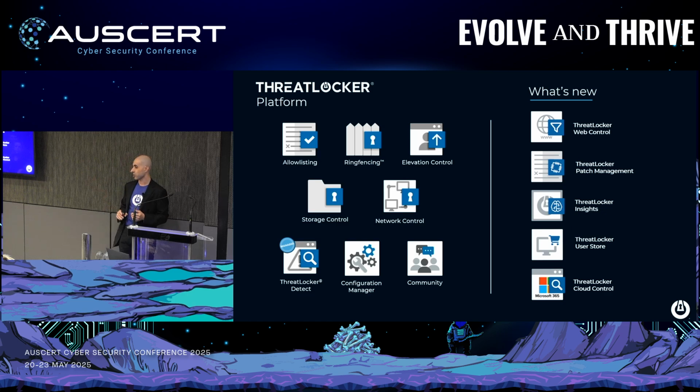Even if you're not patching through ThreatLocker, we'll remind you that you've got missing updates. Obviously, you want to be on the latest version of software to make sure that you've got the latest security patches applied.